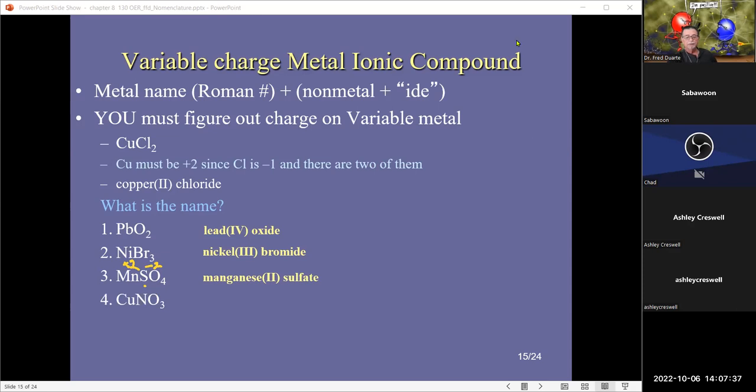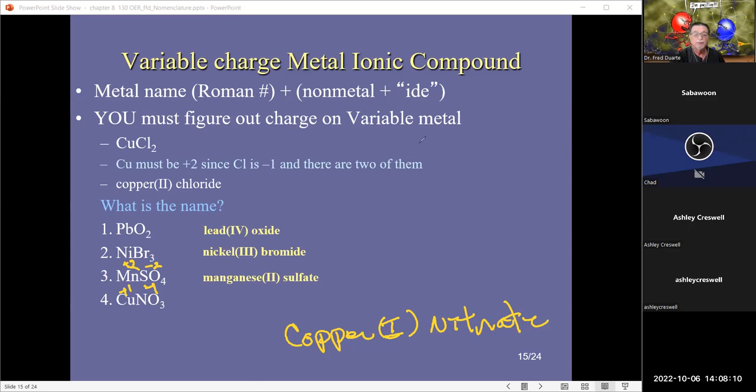And then here we have copper. So for the parent name, we can write copper, parentheses, and then NO3. NO3 sends us to the polyatomic ions. We have nitrate. The nitrates are all -1. And so that means that this is copper 1, +1, so Roman numeral 1.